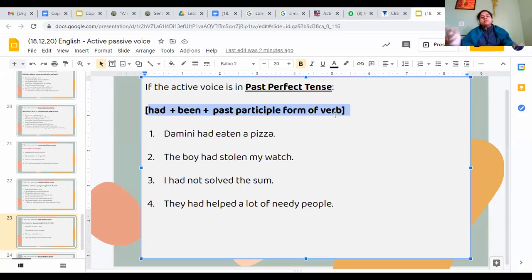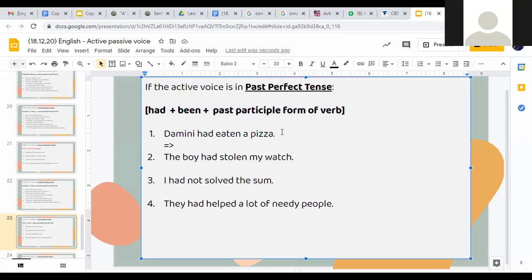So that's a good thing. So here only had, been and then the past participle form. Take 1 minute to note down and then you can start unmuting and answering the passive voices.